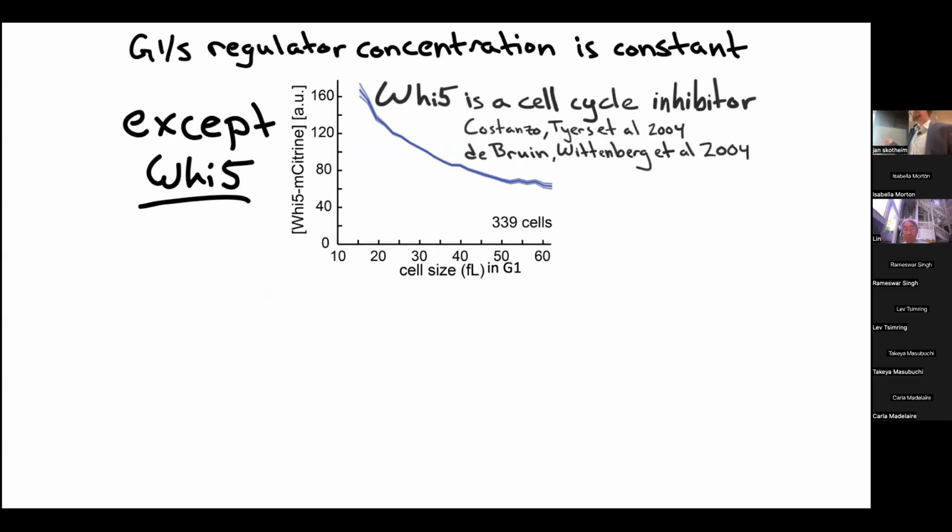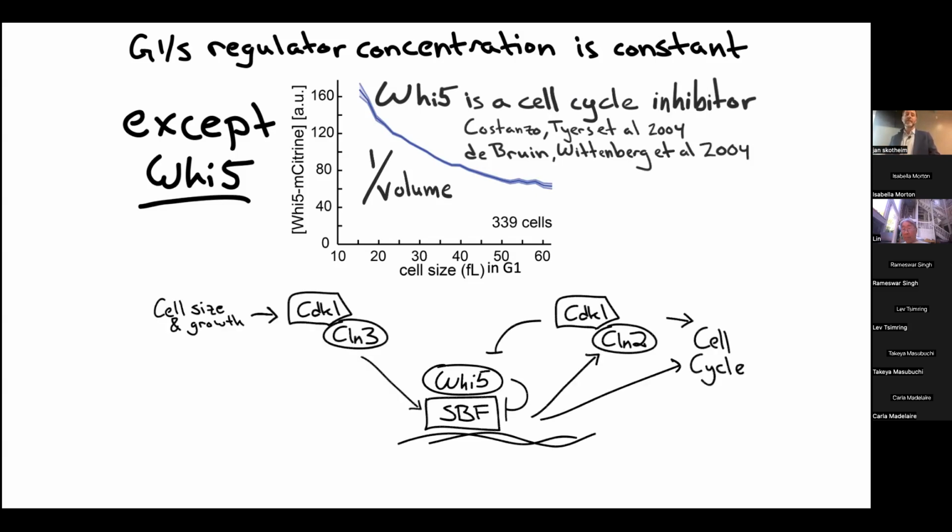Whi5 was shown in these two publications to be an inhibitor of the cell division cycle. And what Kurt measured is that its concentration is decreasing in inverse proportion to the volume of the cell in the G1 phase of the cell cycle, right? This is exciting because it's not that exciting to just throw mud and rule out some models.